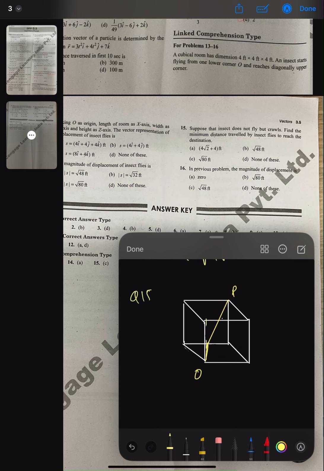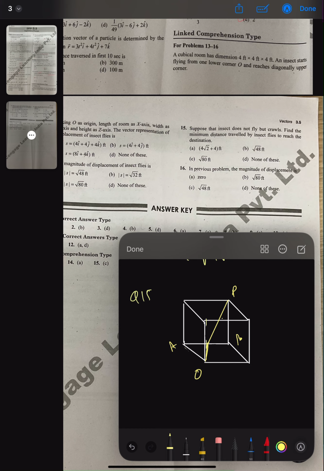On the horizontal surface, let's say this is side O, A, B. The insect will first crawl to the midpoint of AB, and from the midpoint of AB it will crawl to point B.